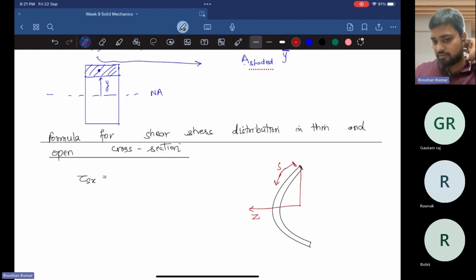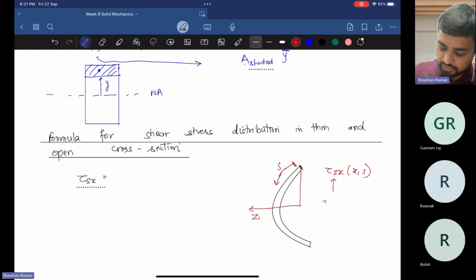Basically, x is the plane, and s is the direction. So here we have tau xx in terms of x and s. s denotes direction and x denotes plane.